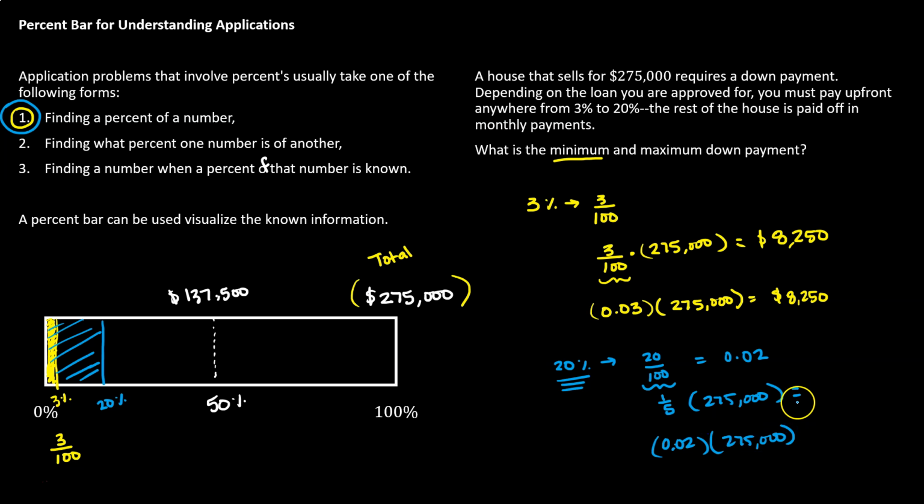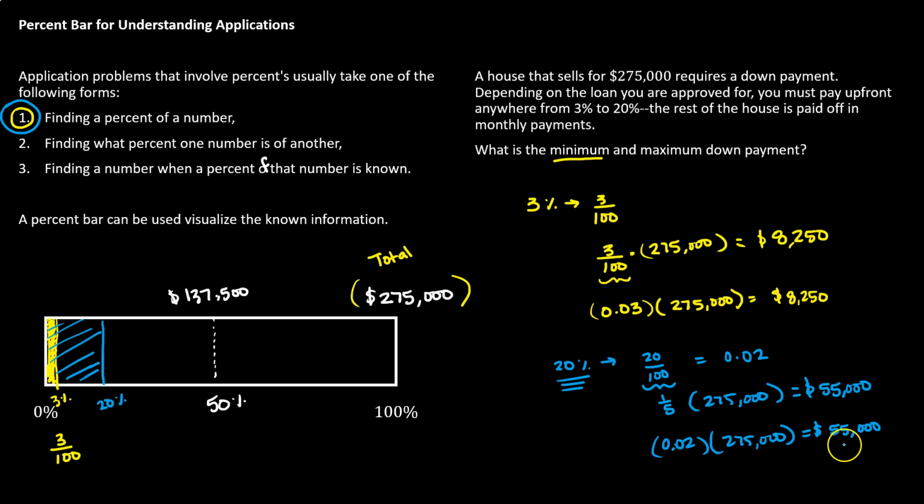So multiplying our 1/5 times 275,000 gives us 55,000, and same with 20/100ths. Multiplying that to 275,000 would be $55,000.